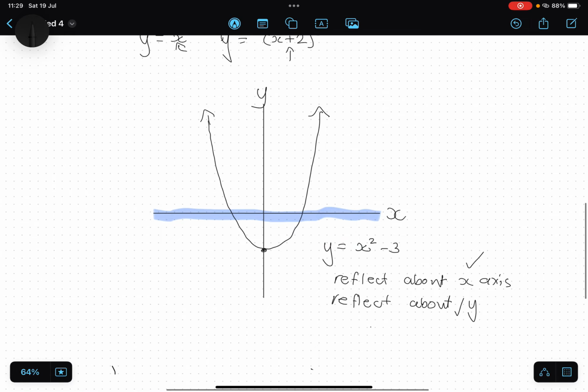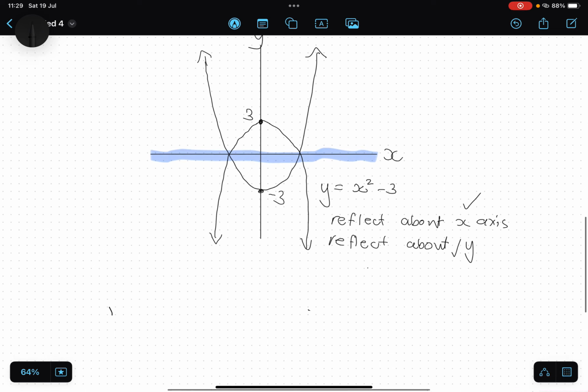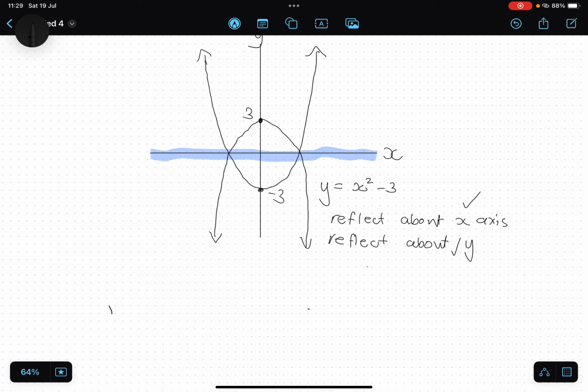And that means that if I do a mirror image, on the other side, it's going to be at 3, and it is going to have the same x-intercepts. That won't change. And it's exactly a reflection. So what changes here is the y value. The y-intercept changes, okay? And obviously what else changes is now, instead of being a happy face, it's a sad face. Okay, so let's see how it affects that equation.